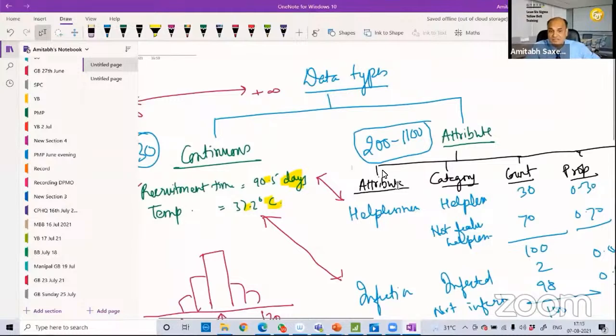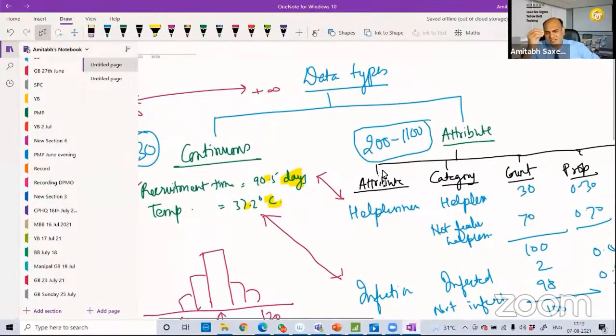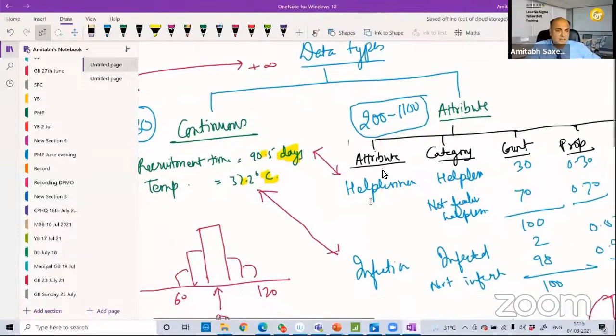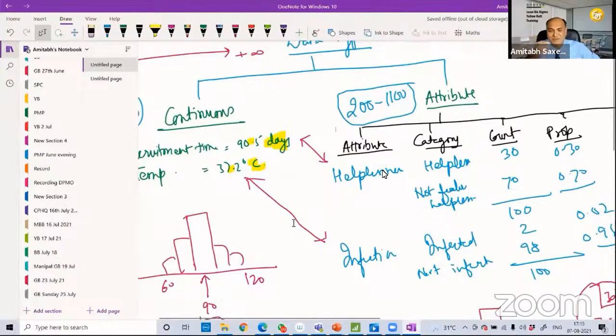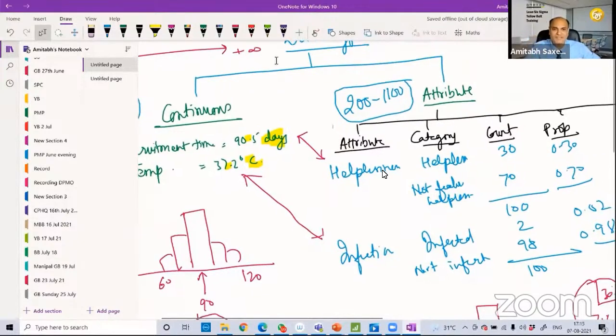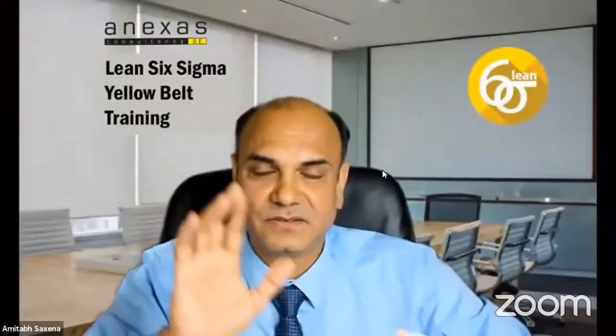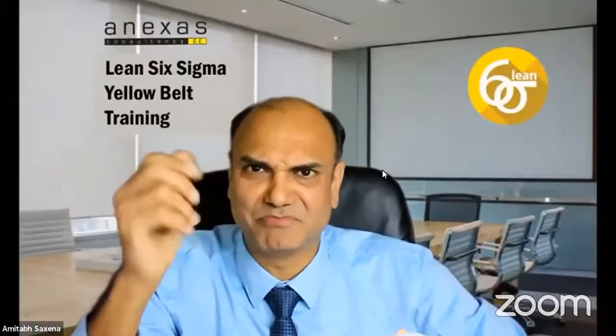Similarly, for attribute data, suppose 50% of the customers are unhappy with you. Even if I collect 10 samples, it will give me the 5 people who are unhappy. I hope you are understanding. Suppose 50% of the people are unhappy with your services in your company. I just collect 10 samples.